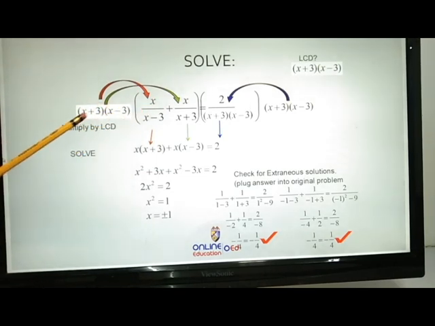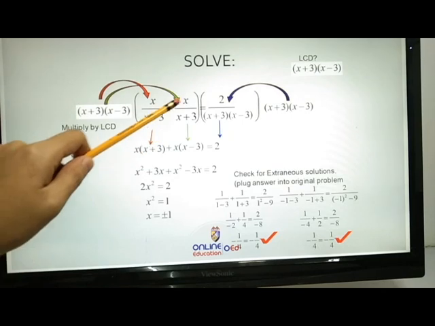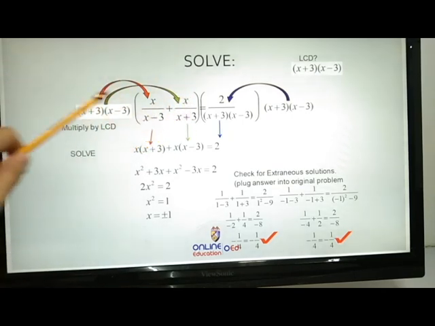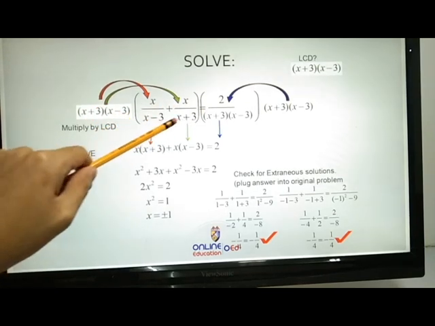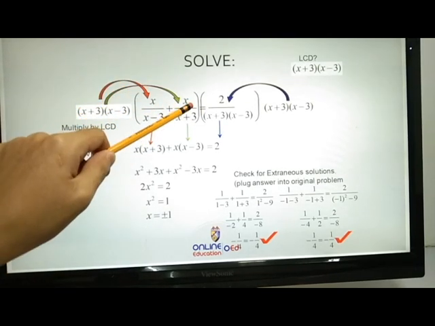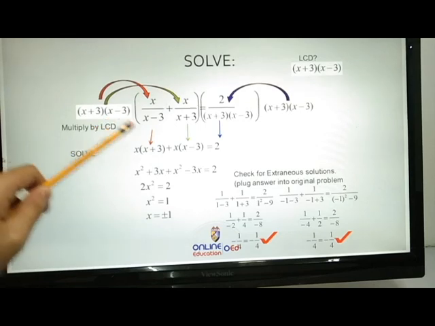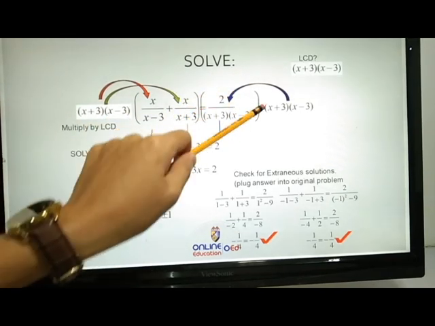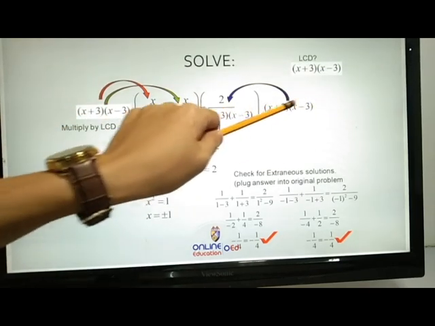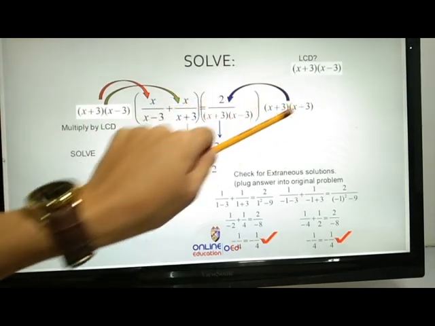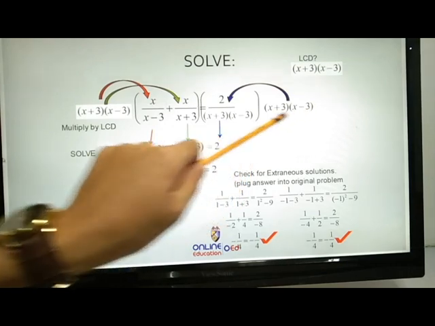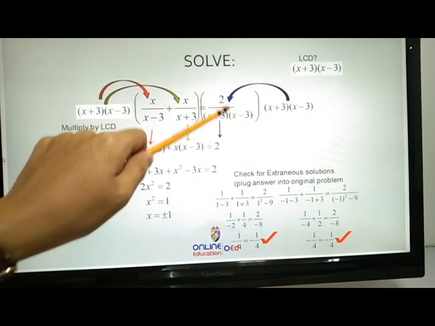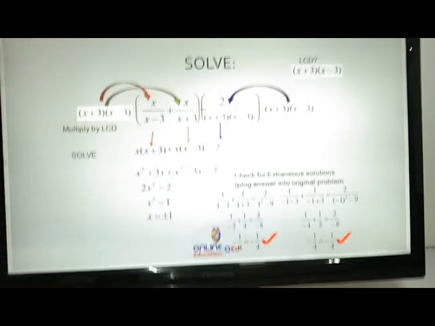Next, x over x plus 3 times this quantity. So, makakancel yung x plus 3, so matitira x times x minus 3. So, for this one, makakancel yung buo kasi pareho sila. Cancelled. X plus 3 times x minus 3 over x plus 3 times x minus 3 is equal to 1. So, 2 na lang yung maiiwan.